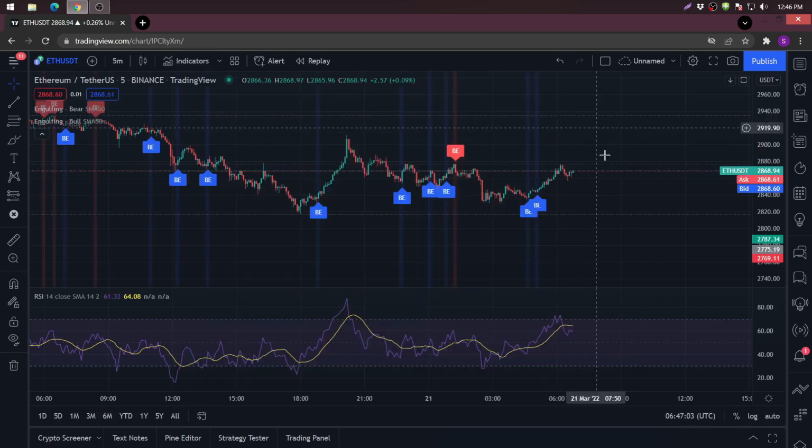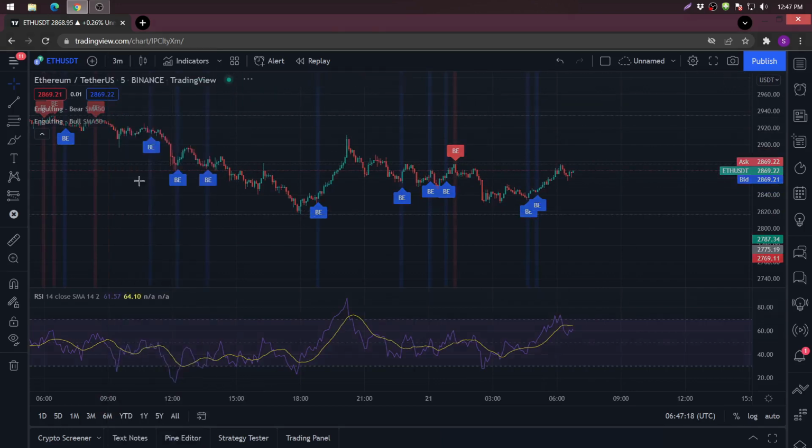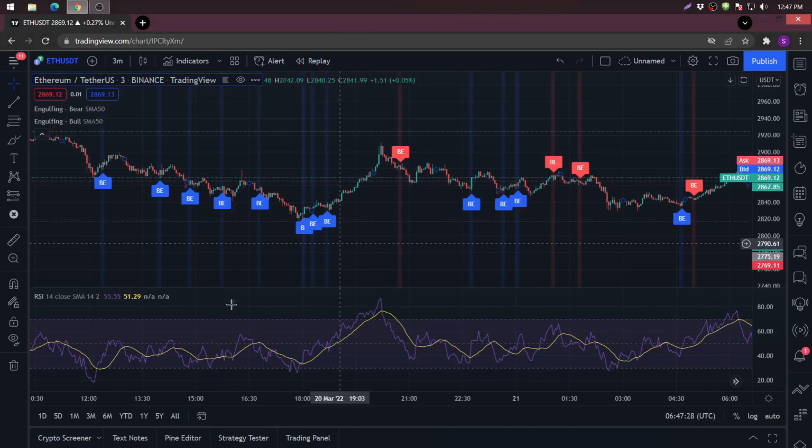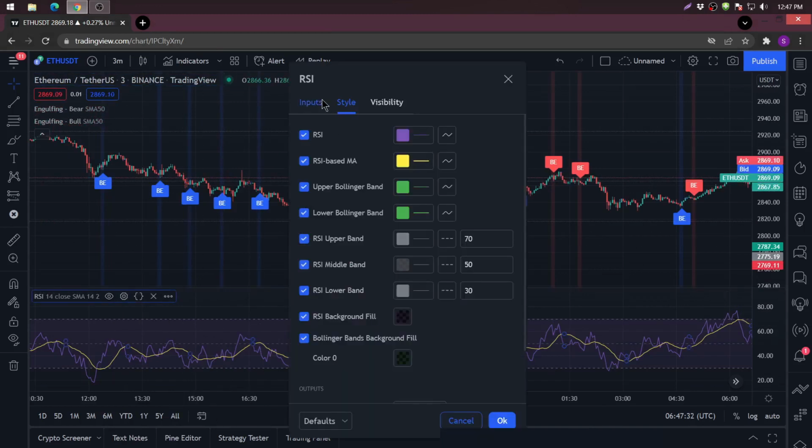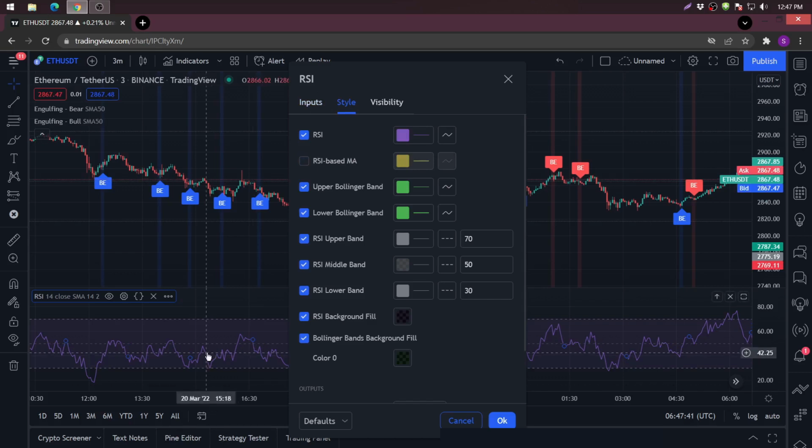Okay, so I just set the time frame to 3 minutes. And now I have to change the RSI settings, so go to the RSI settings and from here in style, I have no need for the RSI-based MA line, so I simply click to remove this line because I need only the RSI line.